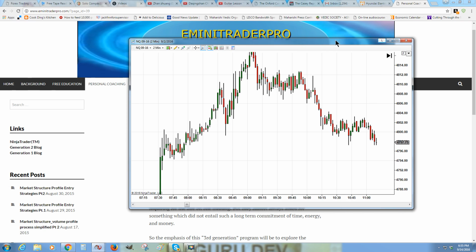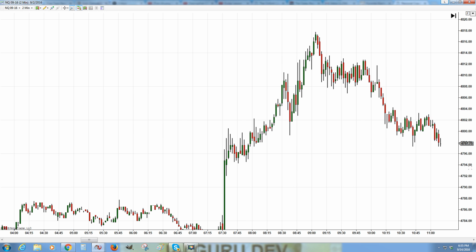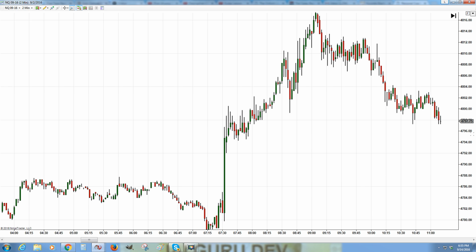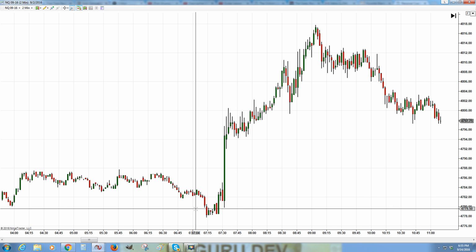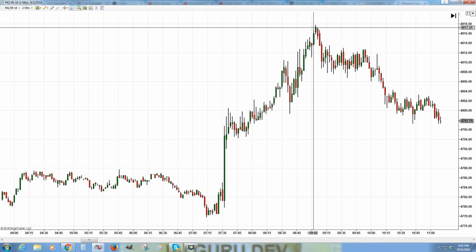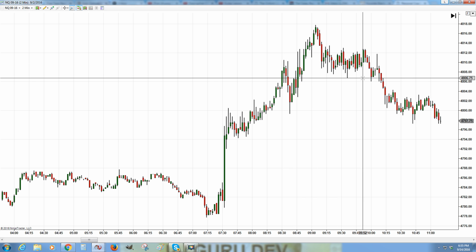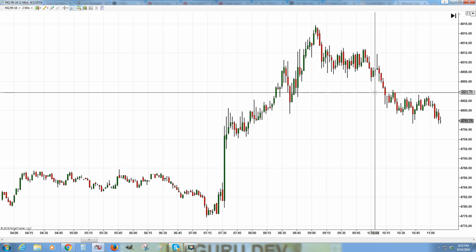So I'd like to just start by taking a look at a chart that is what they call a naked chart with no indicators or anything other than the bars themselves, that would be traded with a price action approach, understanding certain recognizable patterns of behavior in terms of market structure, say a swing analysis, and ways of identifying a change in trend when the market structure is broken and reversed by subsequent price action.